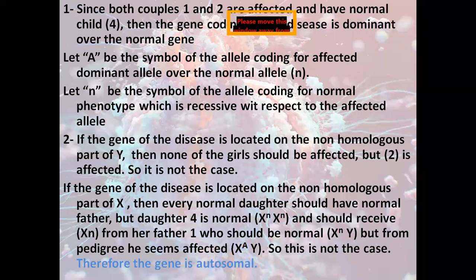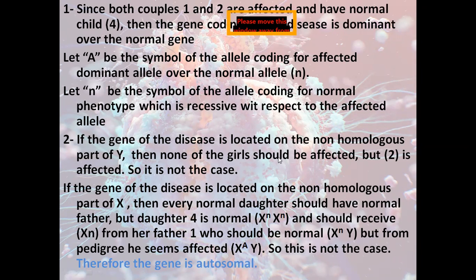So if the gene is located on the non-homologous part of Y, none of the girls should be affected, but 2 is affected, so it's not the case. Then, if the gene is located on the non-homologous part of X, every normal daughter should have a normal father, since the allele is dominant here.